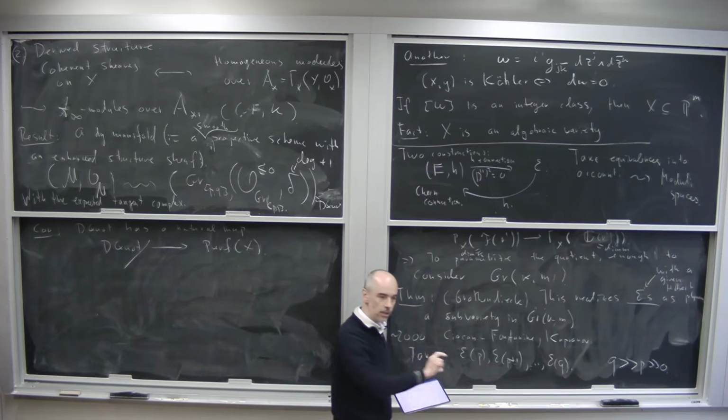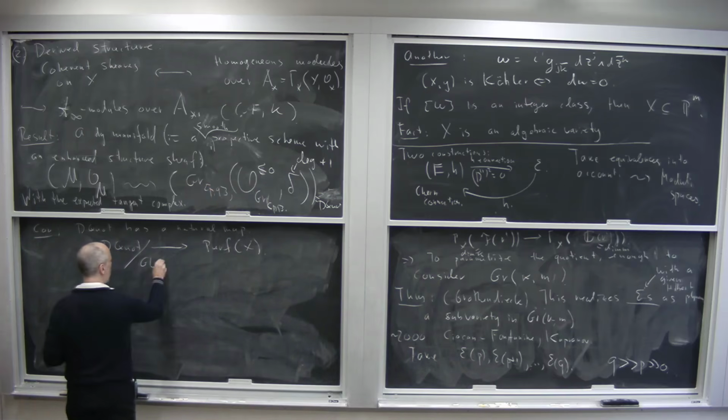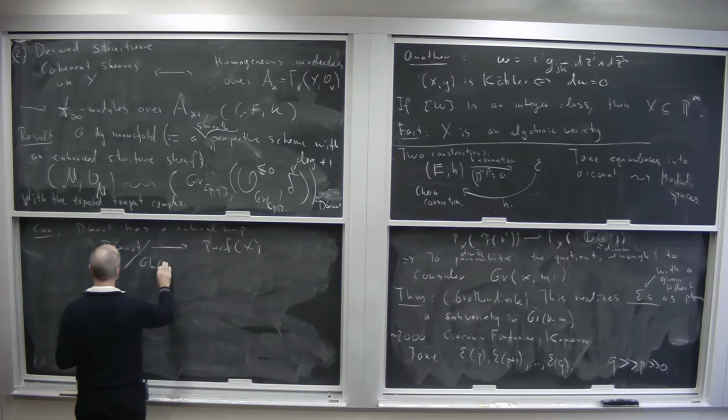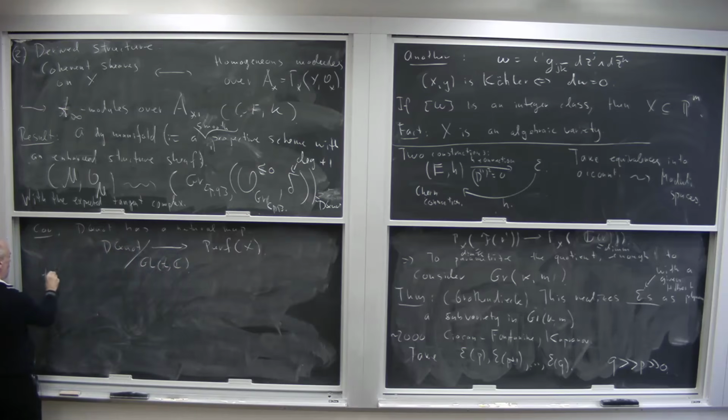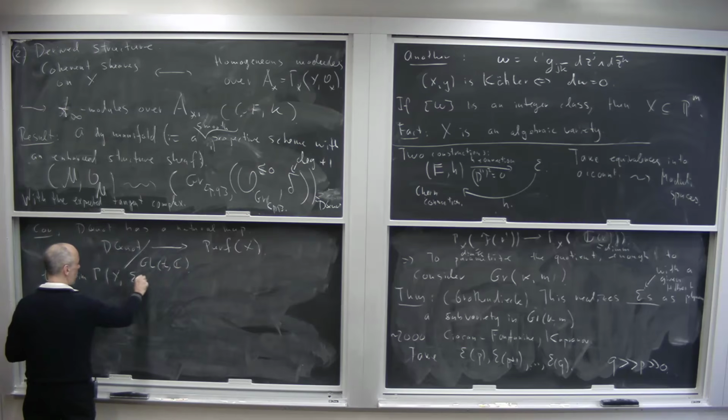Remember that when we started by twisting, we chose the map from the sum of GL_r, not R, C^T, where T is the dimension of Γ(X, E(r)).